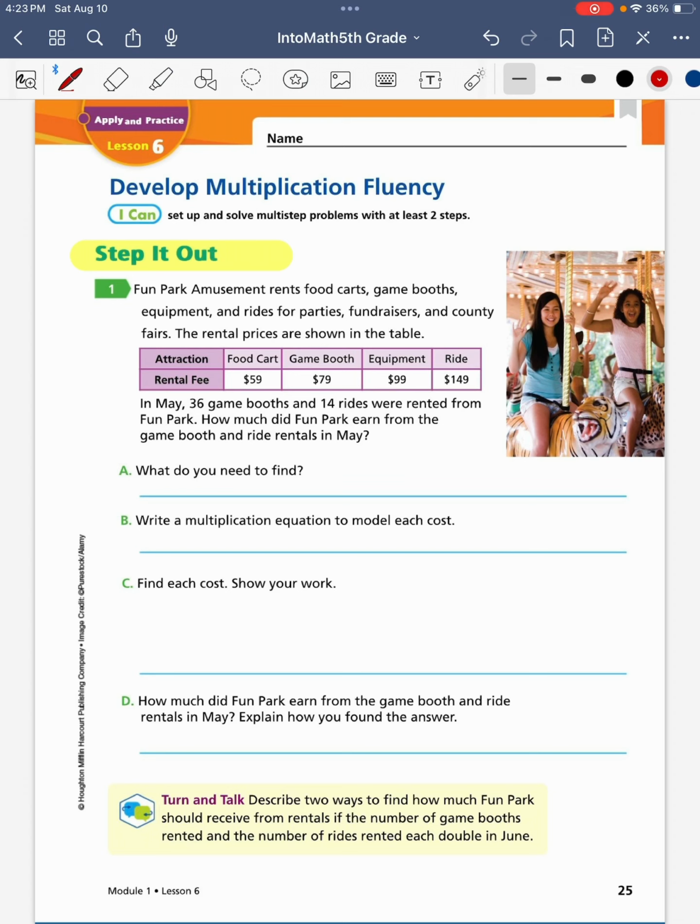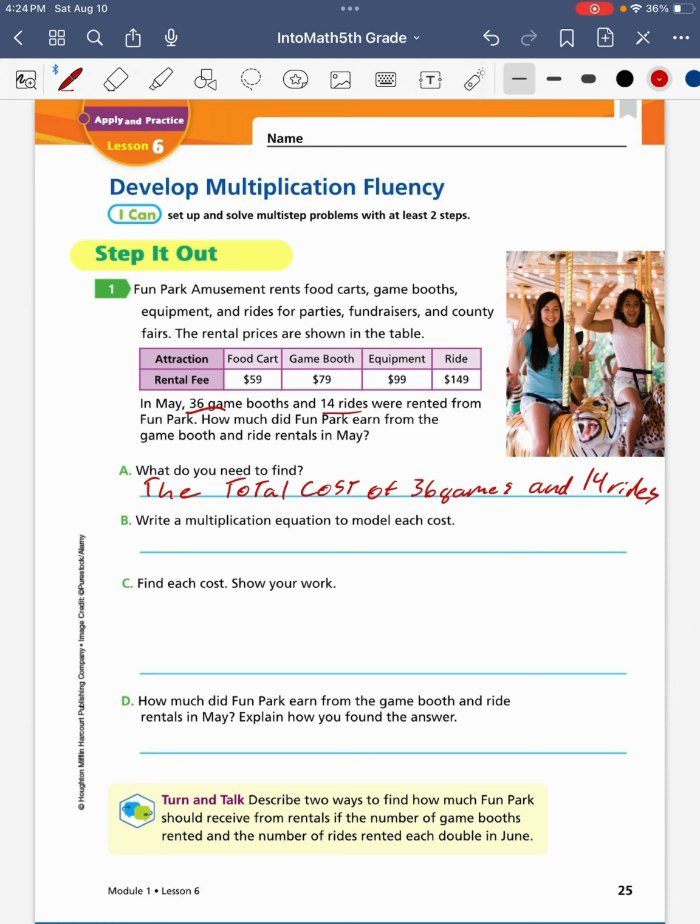Question A, we need to identify what do we need to find. Today we need to find out 36 game booths, what they cost, and 14 rides, what they cost, and add it all together. So we need to find the total cost of 36 games and 14 rides.